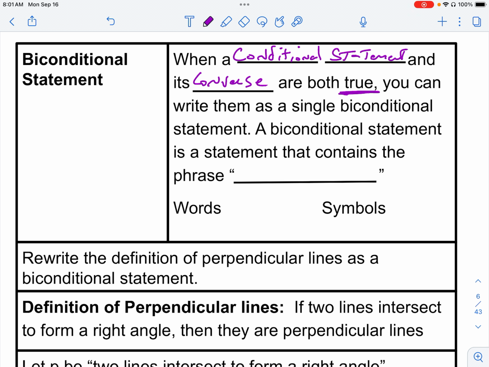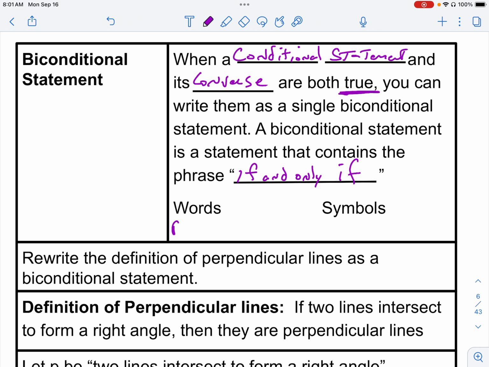And we had to do this because of definitions, because we know they're both true. And we're going to use the phrase if and only if. These are our magic words, and we need to have them in our biconditional statement.